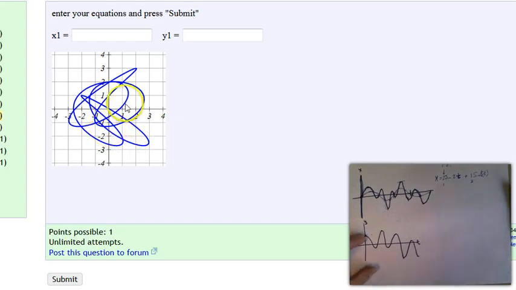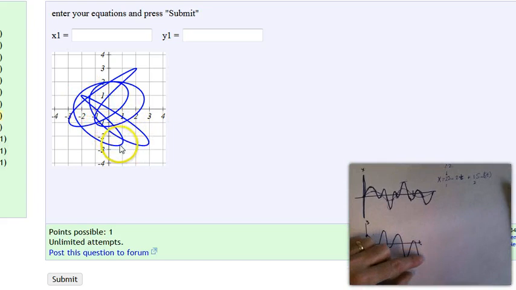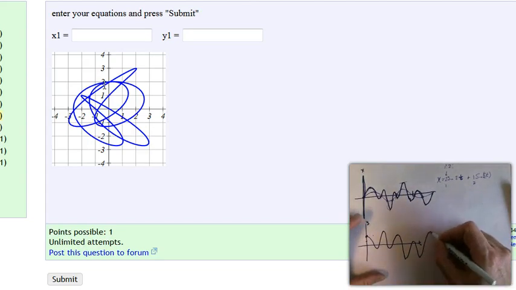I lost where I started. Here, down to there, way up to there, down to here, up to 2, down, up, down, and then I'm back to where I started from. Down, up, down, and then back.